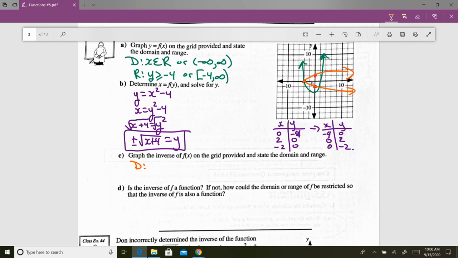What is the smallest x value? -4. You're going off my information. So it's -4. It starts at -4, and then it opens up that way, right? So we can say x is greater than or equal to -4, or we can say it's -4 to infinity.